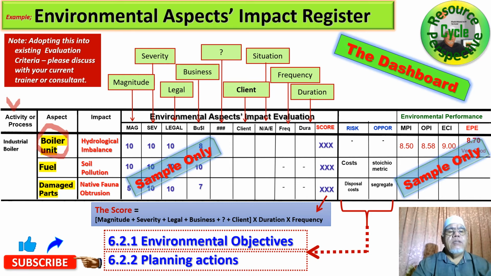So this is environmental aspects, the second column, and its associated environmental impact is situated here. And then we have evaluation for the environmental aspect to determine which one causes the most significant impact. And not forgetting, we have got risks and opportunities in this dashboard as well, so that it is convenient and would stimulate decision making by the top management.